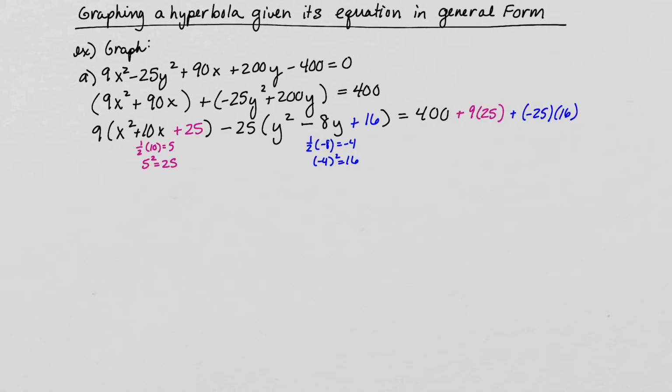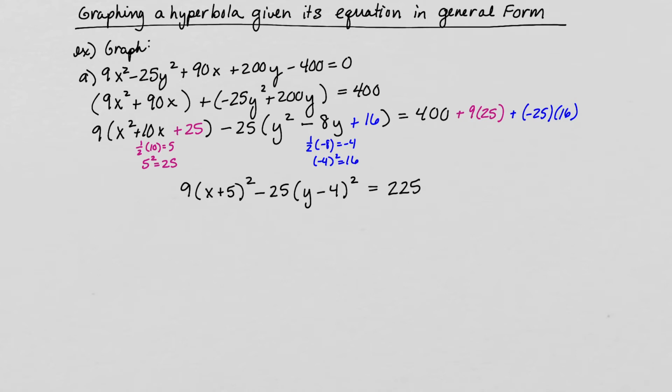And so now we're going to make these nicer. So I have right now 9 times the quantity x plus 5 squared minus 25 times the quantity y minus 4 squared. And if I take 400 plus 9 times 25 plus negative 25 times 16, I end up with 225.